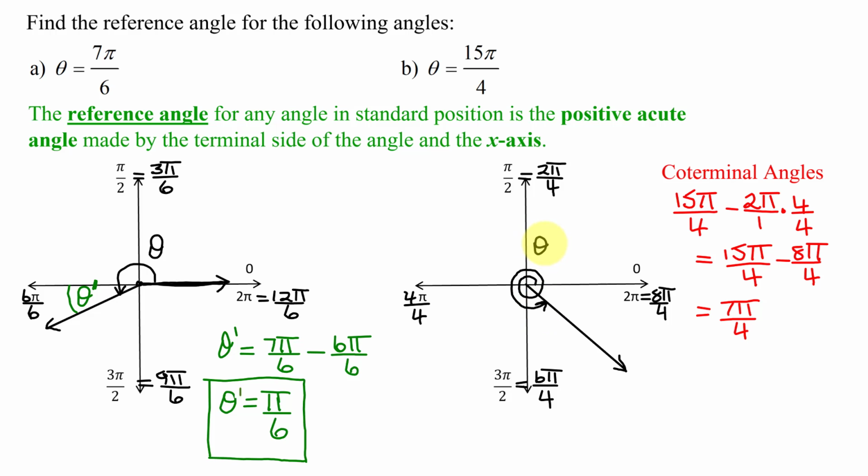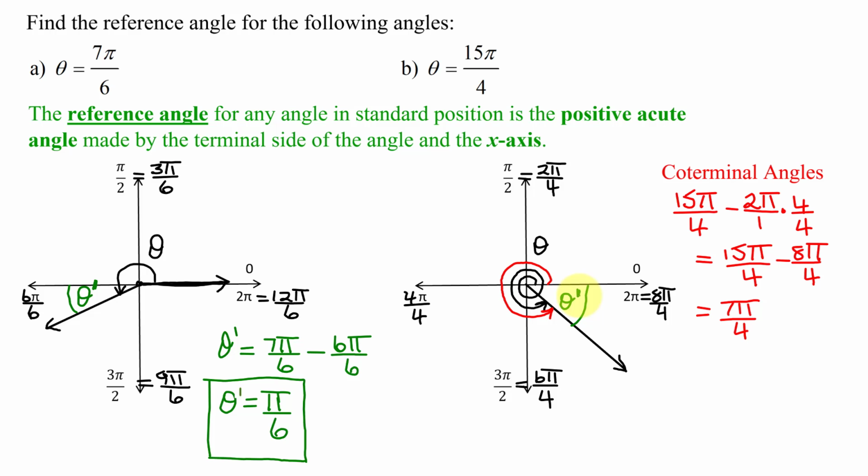So that is my angle theta. And remember, 7 pi over 4 just looks like that. And now I need to find the positive acute angle that the terminal side makes with the x-axis. Well, that's this angle here. That is my reference angle.